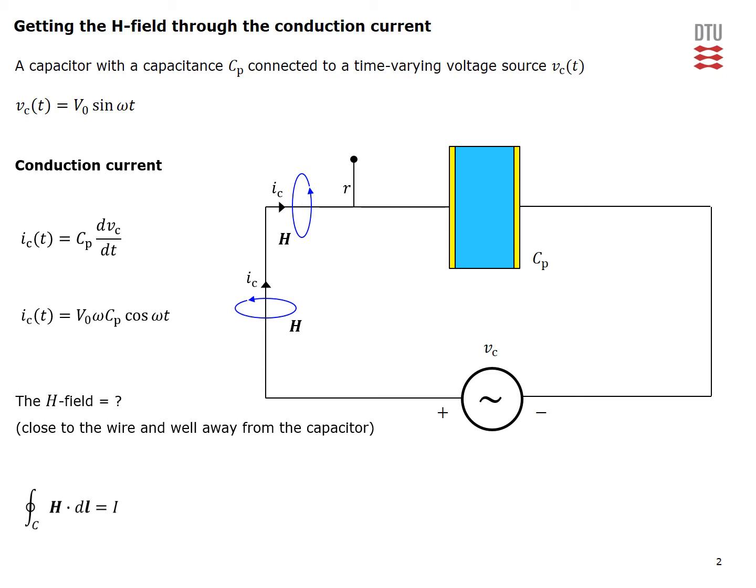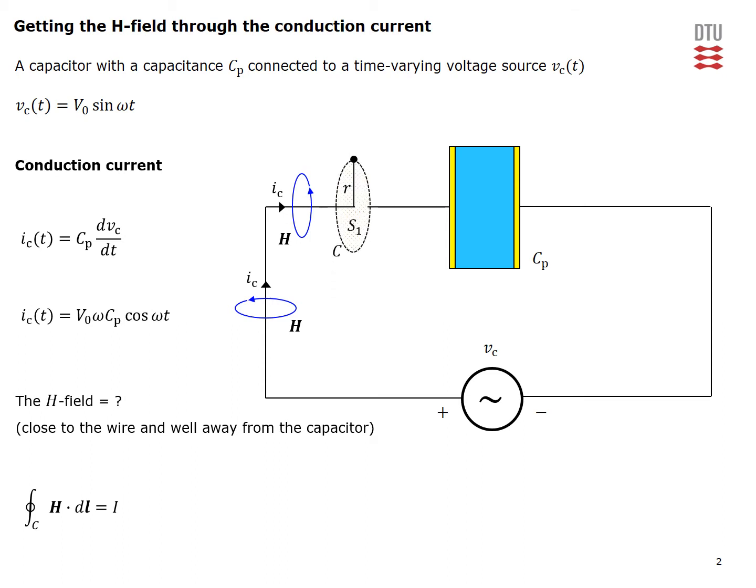From magnetostatics, we know that in those symmetrical cases we can use Ampere's circuital law, which is stated down here, and this is the one that we introduced back in magnetostatics. It essentially says that the circulation of the magnetic field intensity along some closed path C is related to the total current which is flowing through the surface that has this C as its boundary.